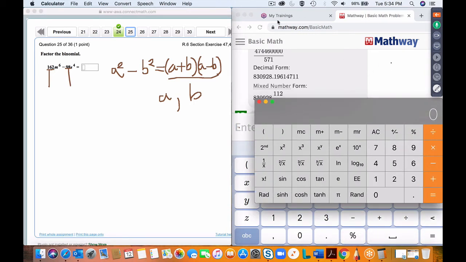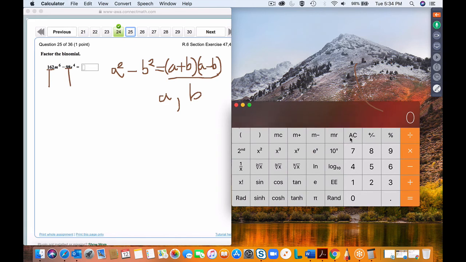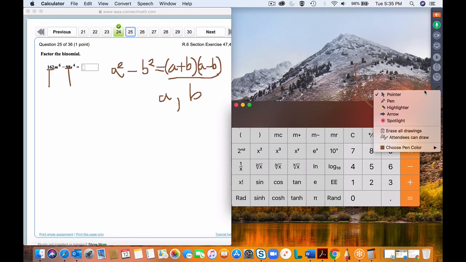Let me find this number. Go back to pointer. 162 divided by 2 is 81, and then 98 divided by 2 is 49. So that's all I need.